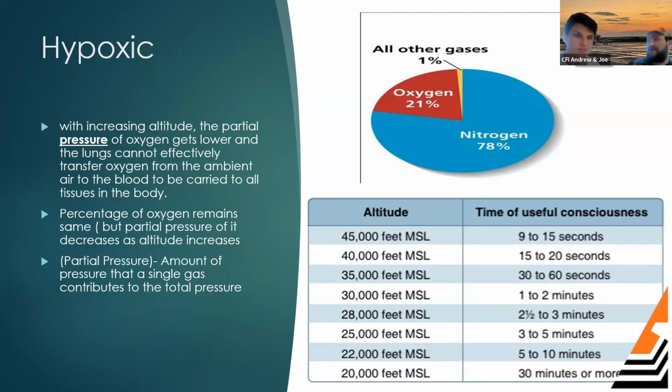We have different pressure, what we call partial pressure. So our lungs don't move oxygen through our blood as effectively as they would at a lower altitude because the pressure is different. That pressure differential causes the hypoxia.